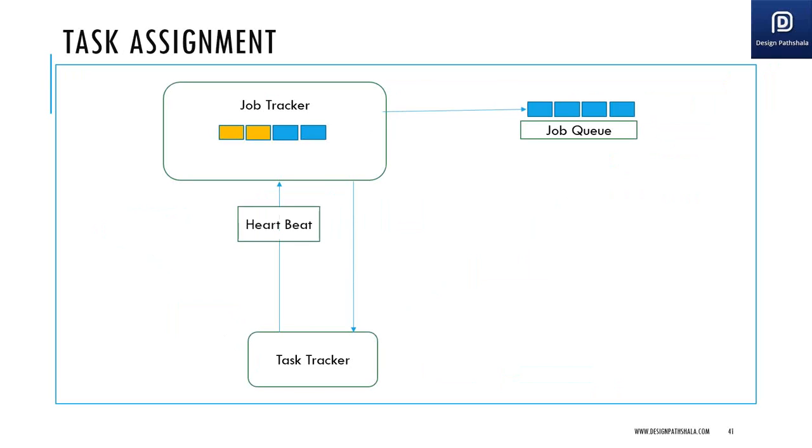These task trackers keep on sending heartbeat signals to the job tracker. When they send heartbeat signals, they not only send the heartbeat, they also send the status of the current jobs they are running and how many jobs they are running. So job tracker knows how much CPU and how much RAM is still available on this task tracker to run a new process.